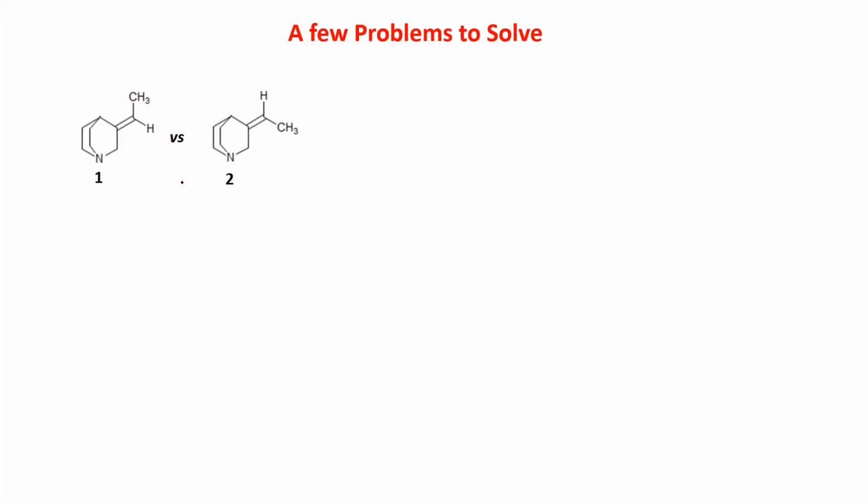Can you tell? Which one is Z? Z, sir, Z. The compound 1, will it be E or Z? So Z. Compound 1 is Z, and compound 2 is E.